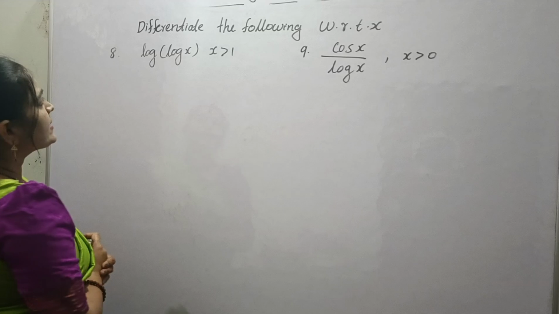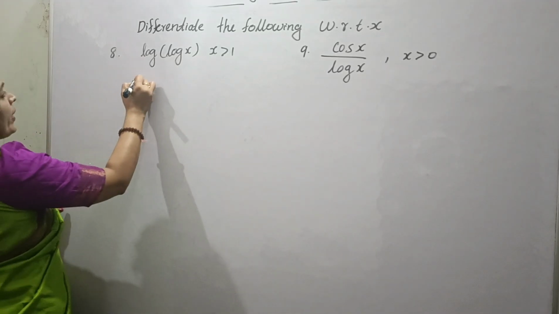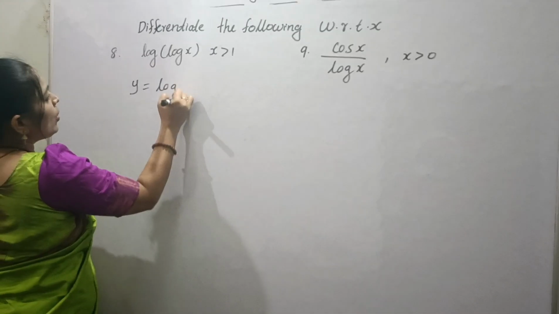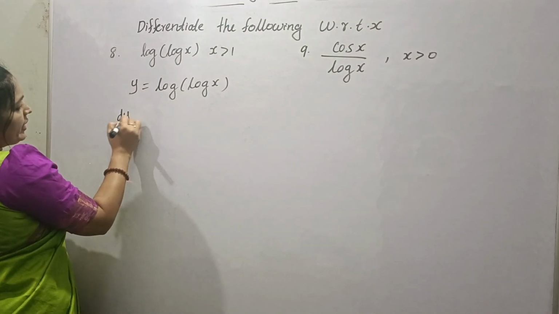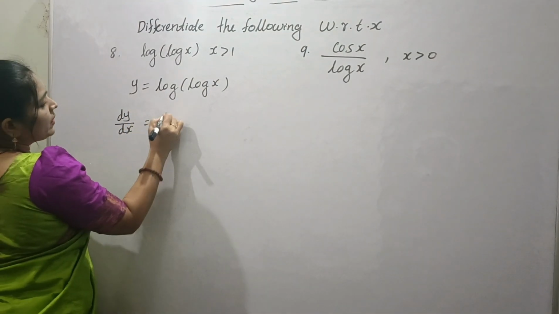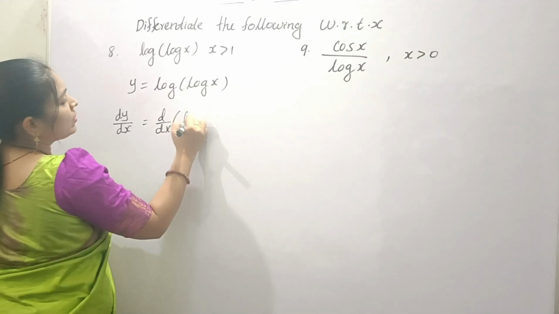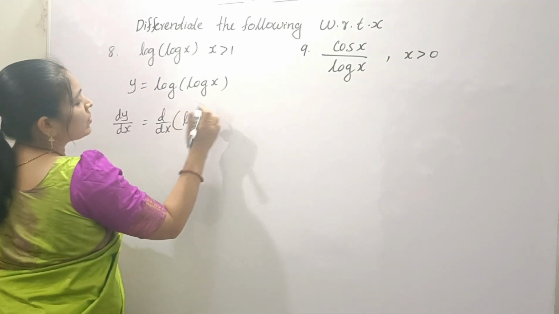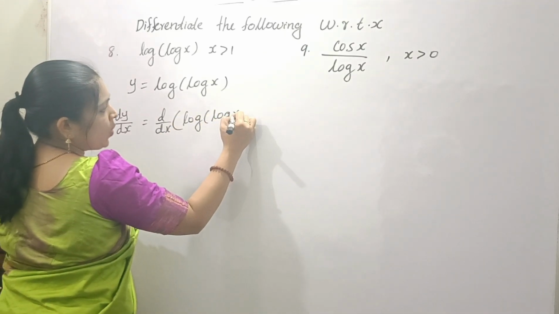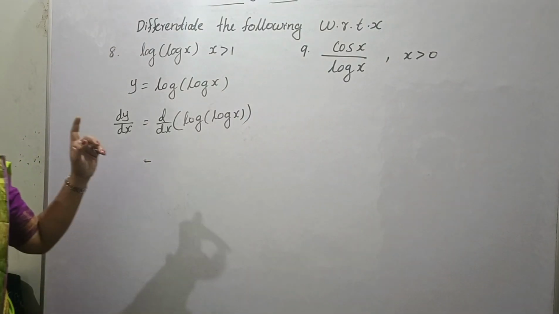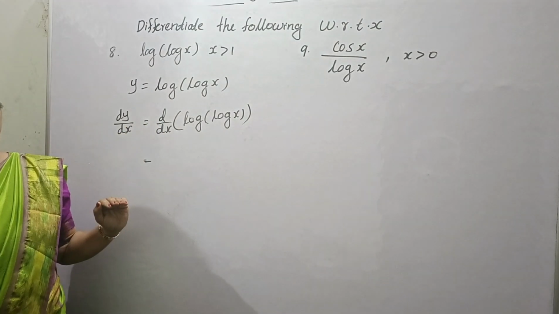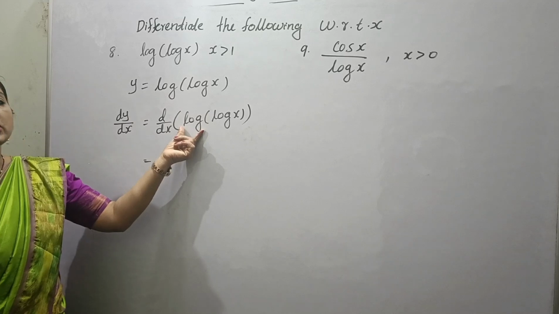Differentiate log of log x with respect to x. y is equal to log of log x. dy by dx is equal to d by dx of log log x. First we will find the derivative of this log.